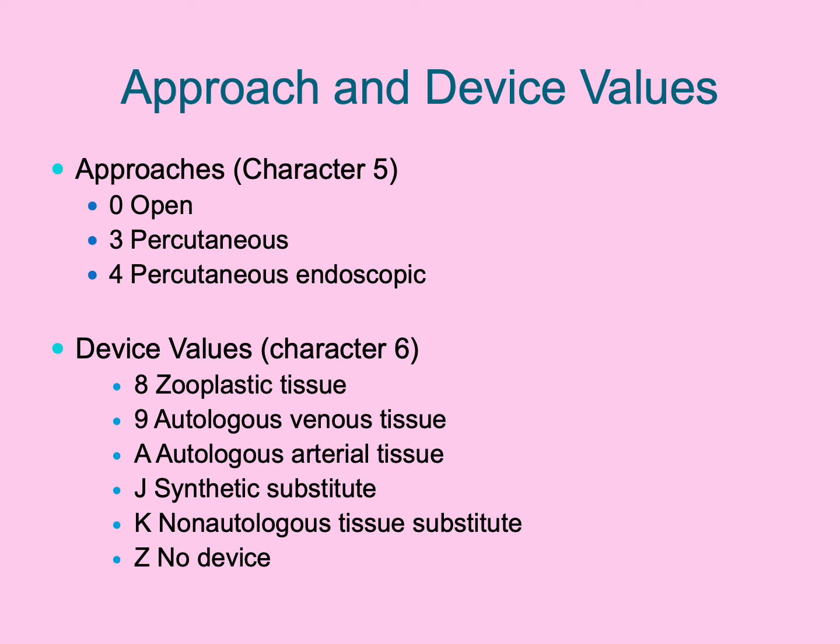The approaches are open, percutaneous, and percutaneous endoscopic: 0, 3, and 4. The device values are pretty much the same: zooplastic tissue, autologous venous, autologous arterial, synthetic, nonautologous tissue substitute, and no device.